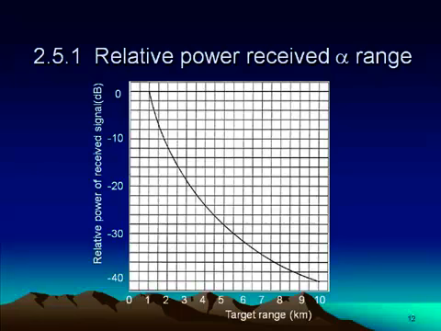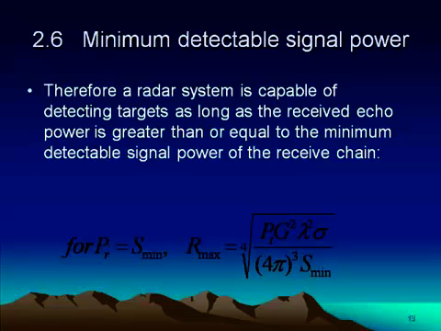This good amount of variation is because of the dependence of the radar range on the receiver by the fourth power. So a radar system is capable of detecting targets as long as the received echo power is greater than or equal to the minimum detectable signal of the receiver chain.